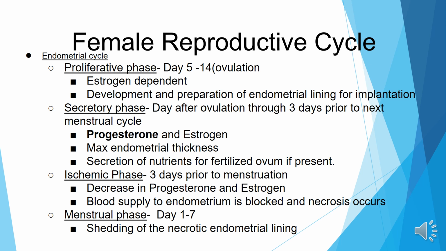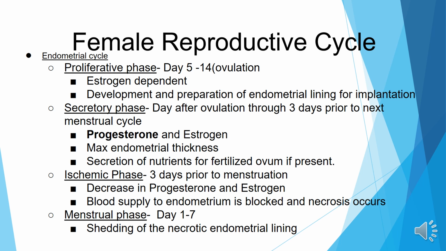Just before ovulation, estrogen is building up, and it's the development and preparation of that endometrial lining for implantation. So when that egg is released, if it's fertilized, you've got a very thick endometrial lining for implantation of the egg. And then the secretory phase is the day after ovulation through 3 days prior to the next menstrual cycle.